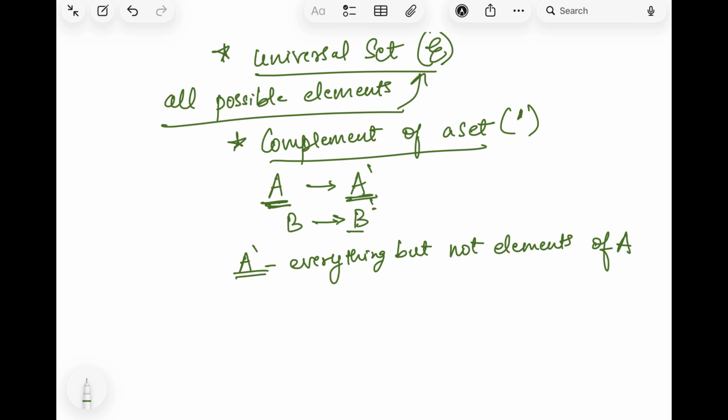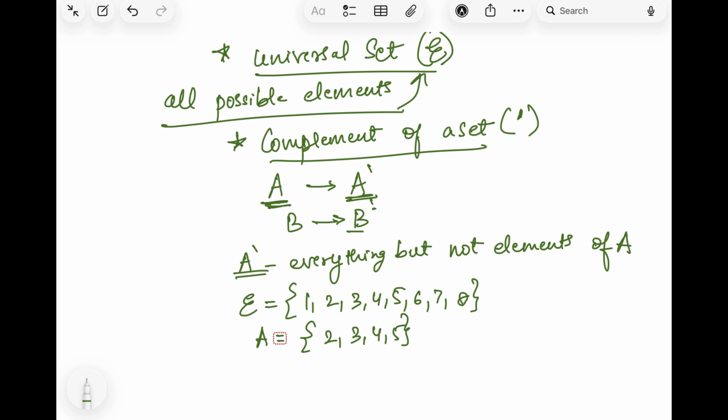Okay. So this also I'll make you understand with a very small example. This is a universal set. It is having numbers up to suppose 8. And this is a set A. So set A is having 2, 3, 4 and 5, 4 numbers. Now they tell you write A dash. So what you will do?